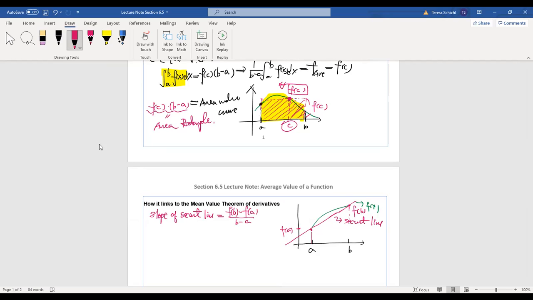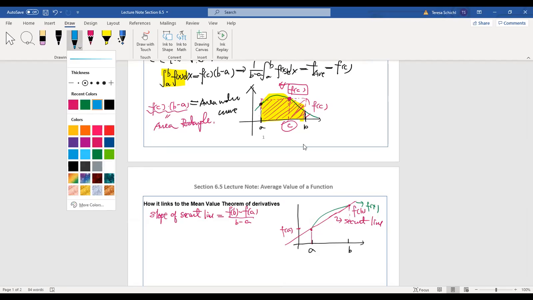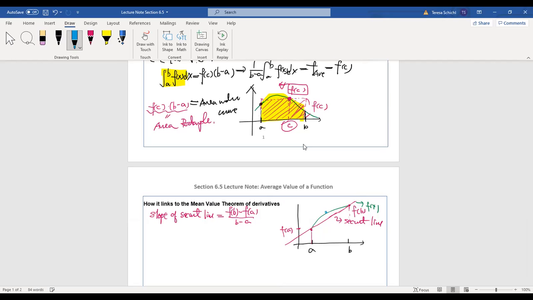So the mean value theorem of the derivative says, if you have this, I'm going to find a point c here. So this is the point c. Let's say there exists a c. And what is this c special about?